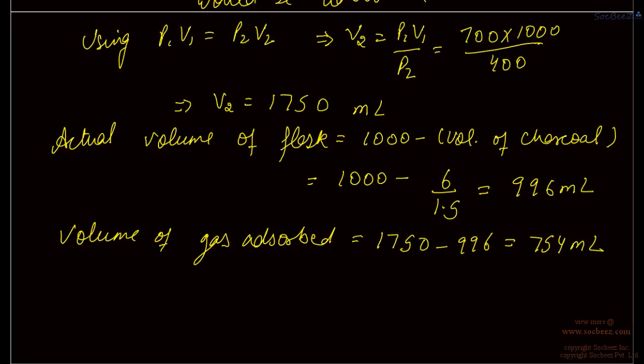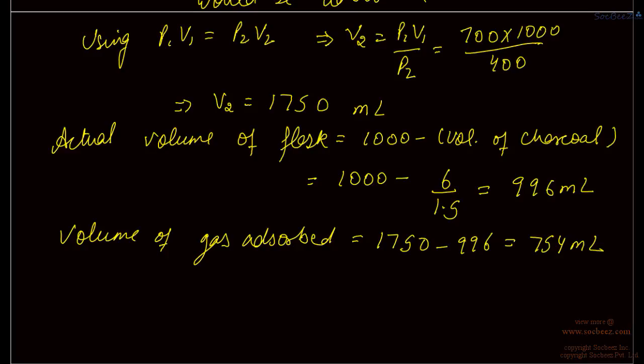So the actual volume of flask is 996 milliliter. The total volume is 1750 milliliter. Therefore, the volume of gas adsorbed is 1750 minus 996 equals 754 milliliters.